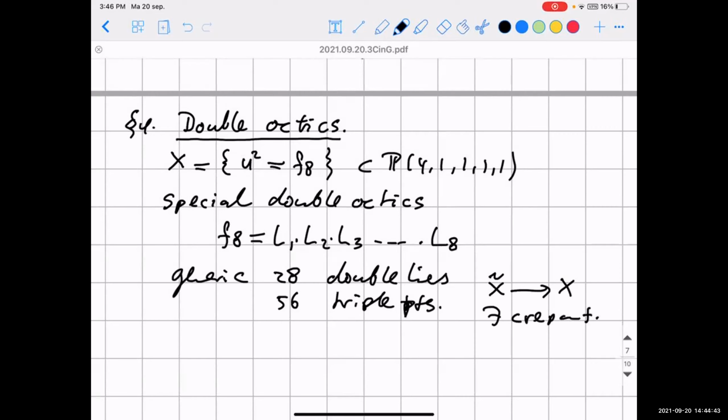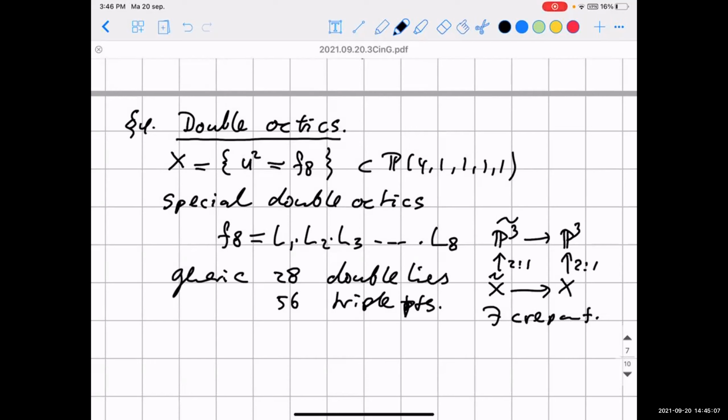So this is mapping to P3, and then you do the blow-ups in P3, and then take the double cover. And here you have to normalize.